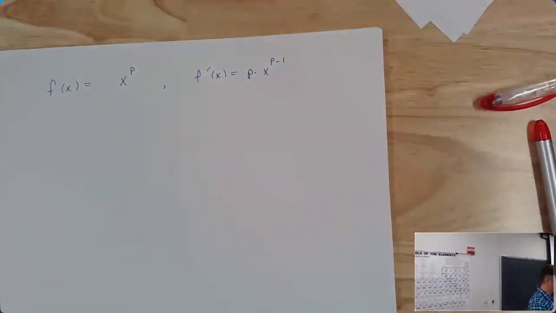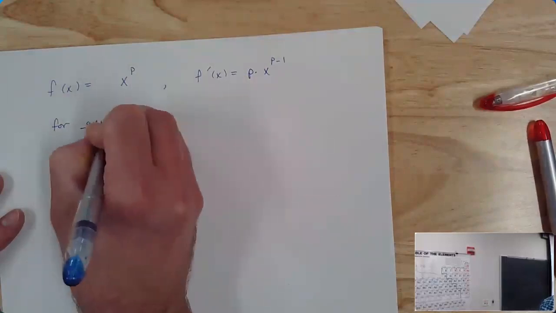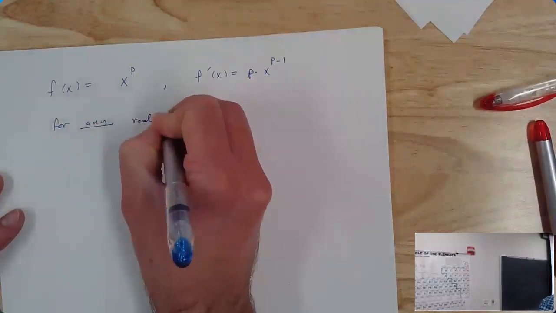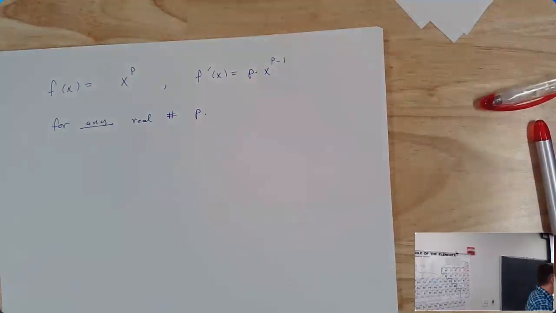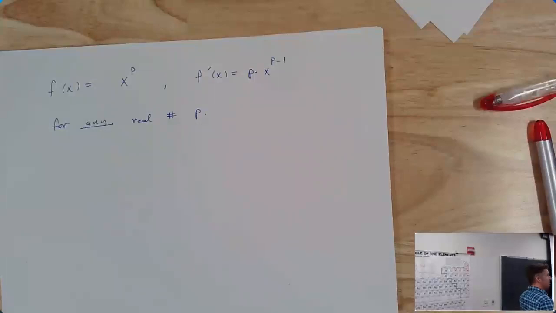It's a rule that works for any real number p. P could be 5, p could be a million, p could be a fraction like 2/3, p could be a negative number. As long as p is a real number, this rule works. It's nice when p is an integer, but it doesn't have to be.